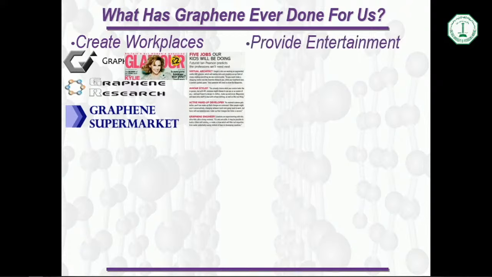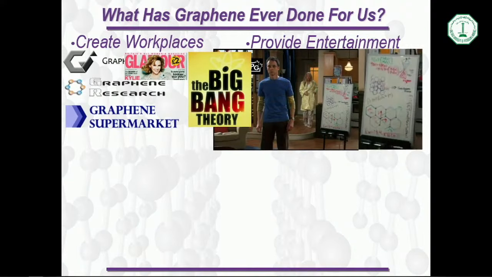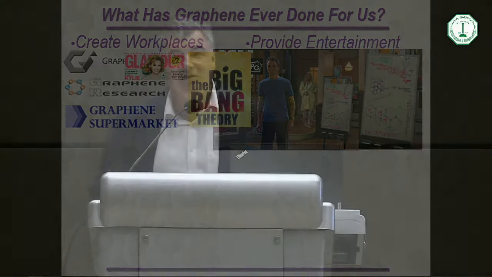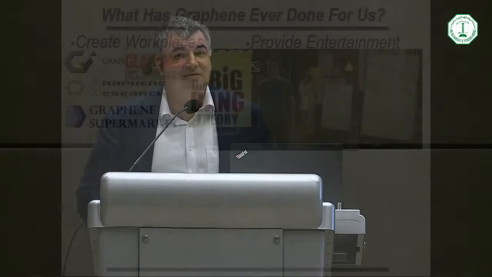It also provides entertainment. So I'm not sure how popular this sitcom is in Saudi Arabia. It used to be quite popular for physicists across the globe. It's about the postdocs in Caltech, and the main character is Sheldon, the string theorist, who was trying to figure out, in one of the episodes, why electrons in graphene behave as massless quasi-relativistic particles.